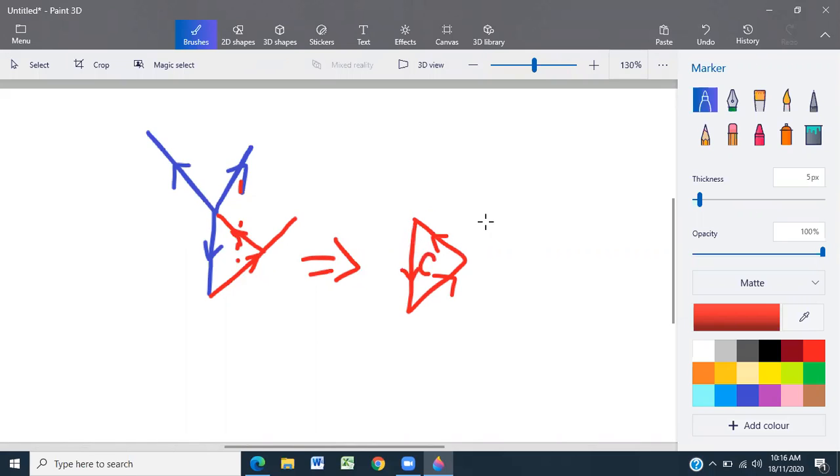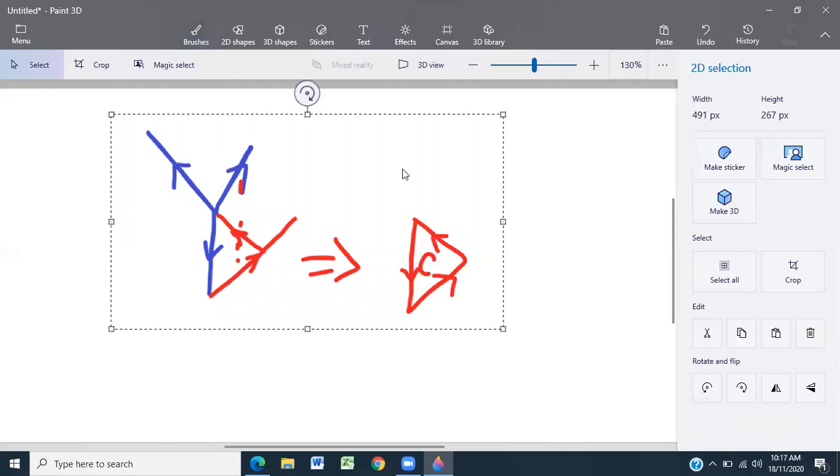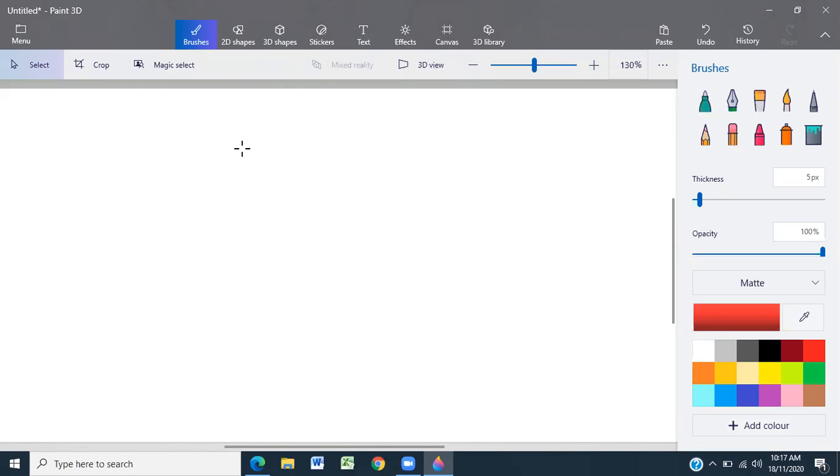But if these things weren't in equilibrium, what you would find is that the polygon wouldn't be closed. So let's say we had two forces, 1, 2, and we had another force here that was supposed to make the system into equilibrium.